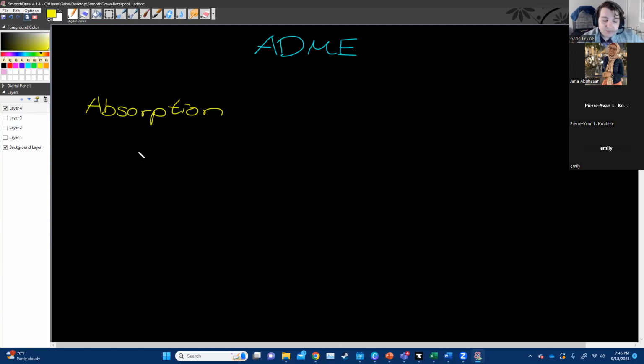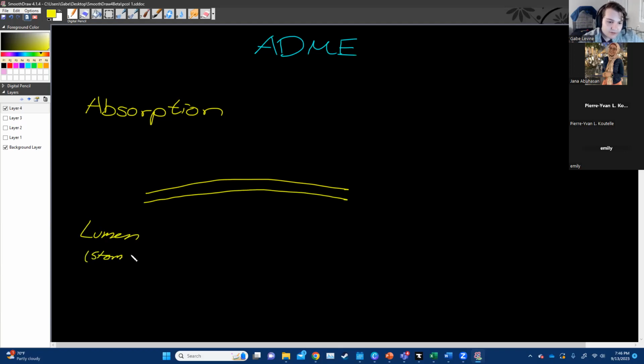When we talk about absorption, what is essentially going on here is that we have our lumen, which this could be the stomach, this could be the intestine. Maybe it's an inhaled drug, so this could be the alveoli. Maybe it is sublingual, so it's going through the tongue or the cheek.